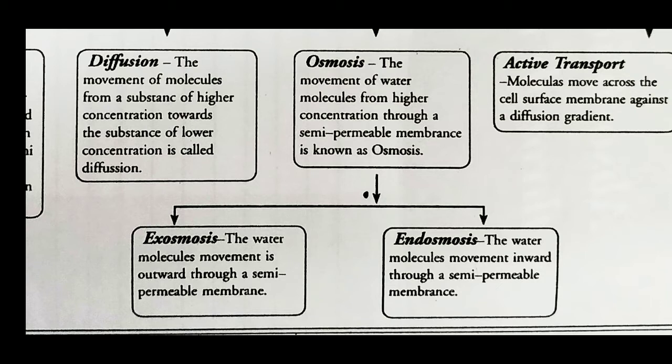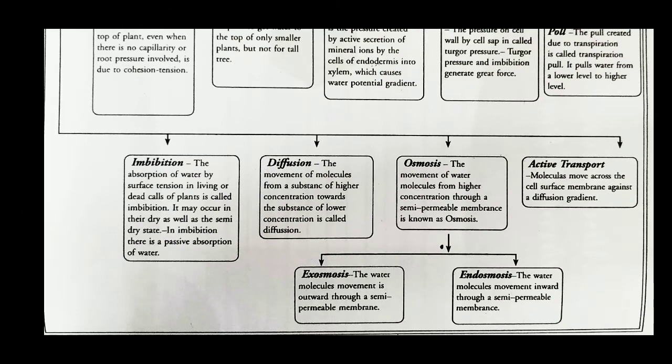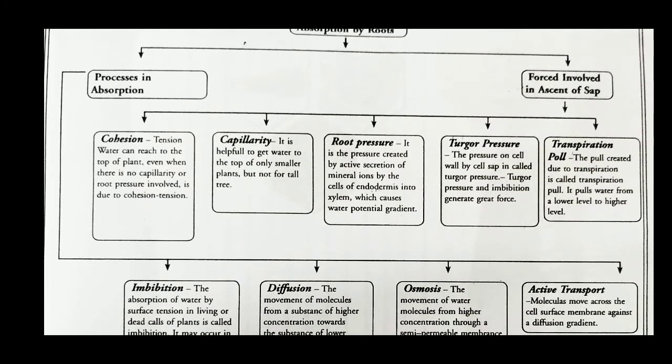But in endosmosis, it is the water molecules which are moving inward through a semi-permeable membrane. So these are a few things that are very important when you understand the process of absorption.